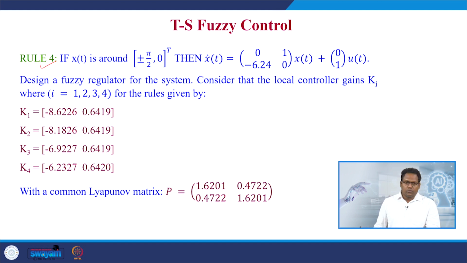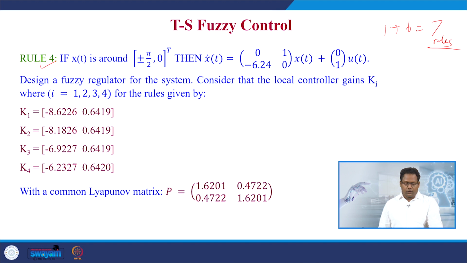So, rule 2 again can be split into 2 and 3, and rule 3 will be 4 and 5, and rule 4 will be 6 and 7. So, total of 1 plus 6 equal to 7 rules here can be formed because of the equilibrium point given for the single link manipulator.